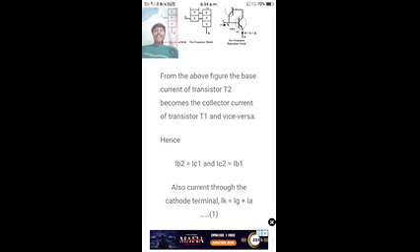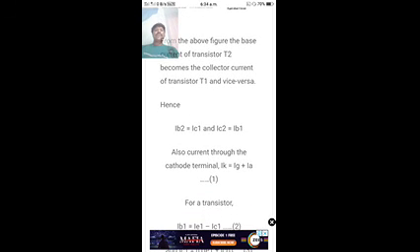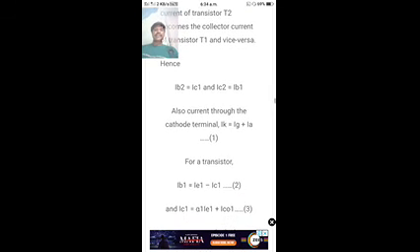Here IB2, the base current of transistor 2, is nothing but the collector current of transistor 1, IC1, and the collector current of transistor 2 is the base current of transistor 1, IB1. Also the current through the cathode terminal, IK, is the sum of the gate current and the anode current.